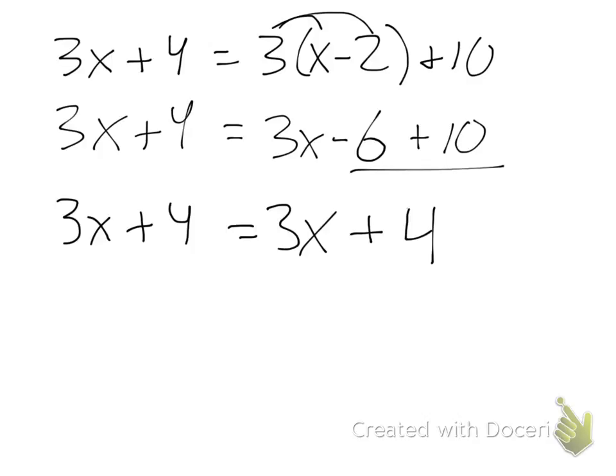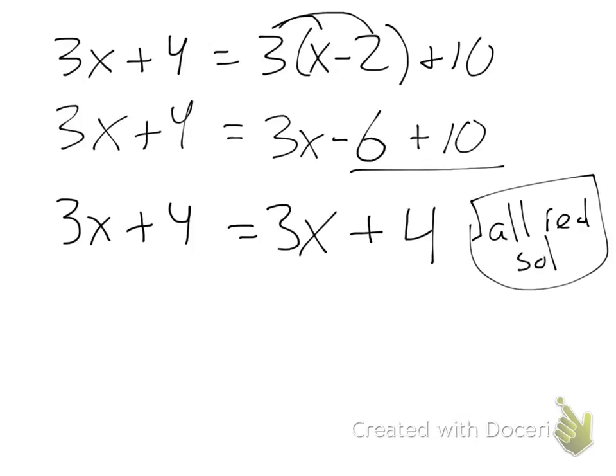Hey, wait a minute. 3x plus 4 equals 3x plus 4? Isn't that always true? Isn't that the same thing? Yeah. That means that there's always a solution, right? No matter what I put in for x, I'll always get the same thing on the other side. So this is all real solutions.